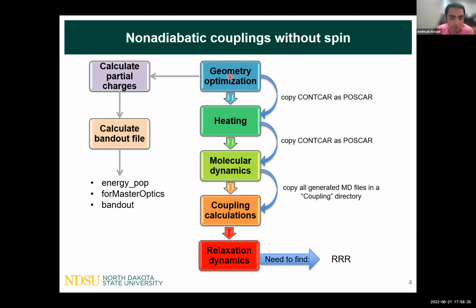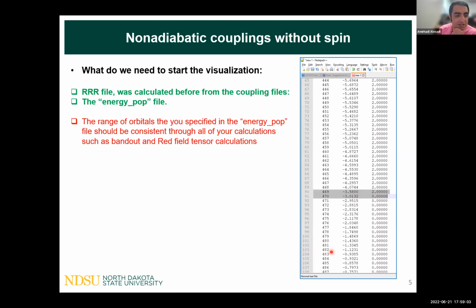Also, to finish today's calculation, we need to start again from geometry optimization. We need to calculate partial charges and calculate the band out file out of the partial charges. At the end of this process, we will have the energy pop, the master optics and band out files, and together with the RR file, we will have all the input files needed to have those green plots.